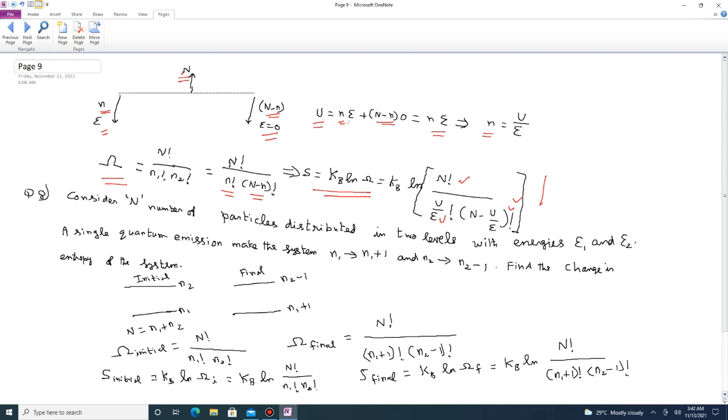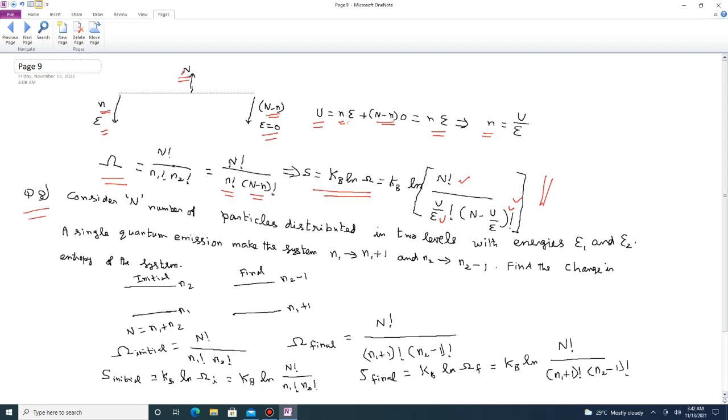Now let us take another problem, question number 8. Consider capital N particles distributed in two levels with energies E1 and E2. A single quantum emission makes the system go from n1 to n1 plus 1 and n2 to n2 minus 1.